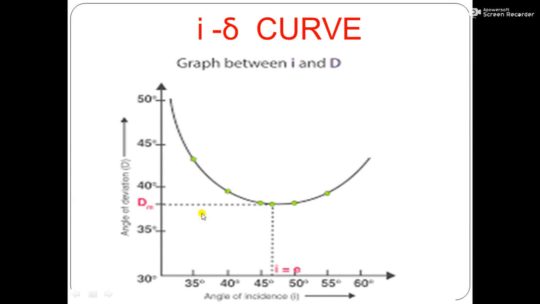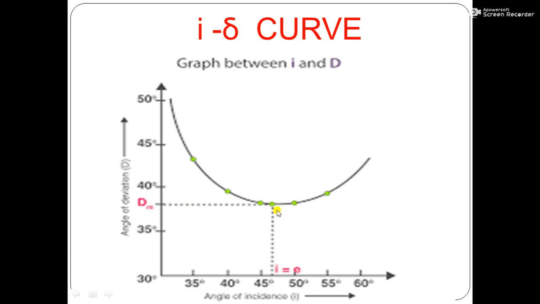First is 35 degree angle of incidence, angle of deviation is 43 degree, and as angle of incidence increases to 40 degree, the angle of deviation decreases from 43 to 39 degree. And at a particular angle of incidence, we get the minimum angle of deviation, that is 38 degree here.